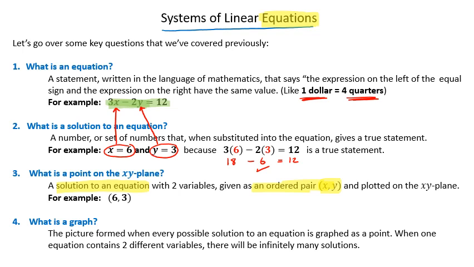Each solution is given as an ordered pair. So this from part 2, this x equals 6 and y equals 3 can be written as the ordered pair 6 comma 3.